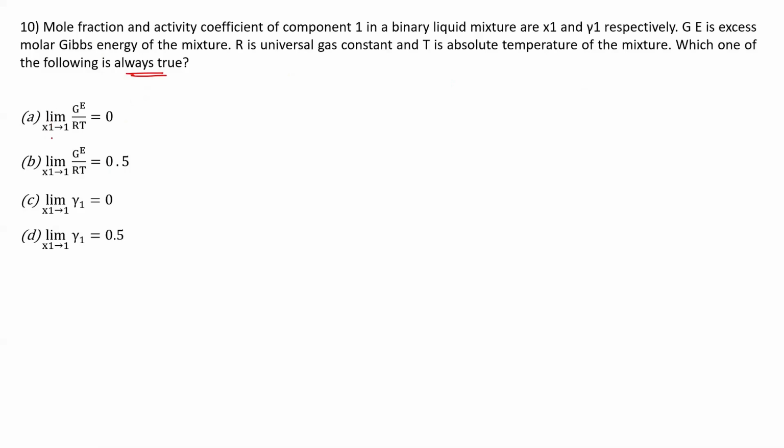Here we can look at the limit x1 tends to 1. As x1 tends to 1, gamma 1 is f1 cap by f1 ideal. What is ideal?